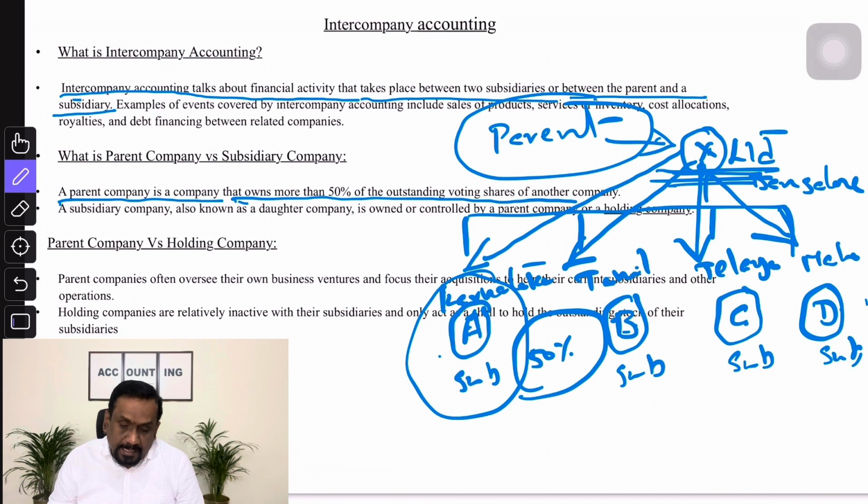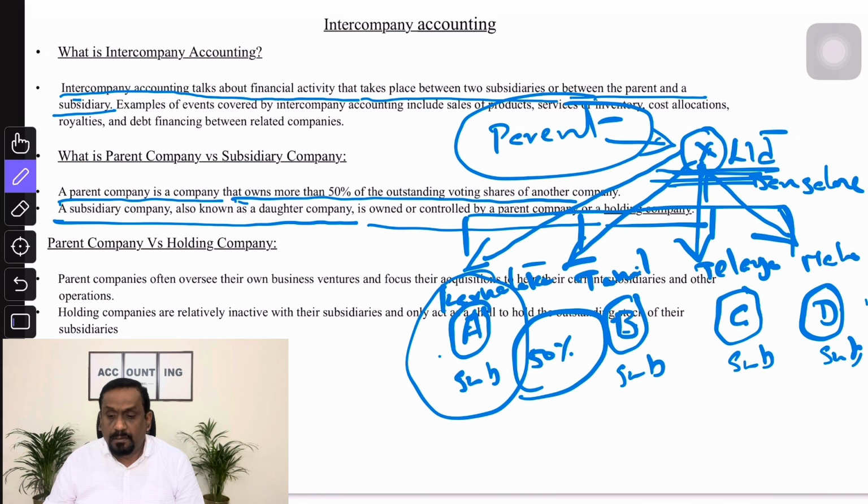Clear? Then, what do you mean by subsidiary company? A subsidiary company, also known as daughter company, is controlled by a parent company or a holding company. These subsidiary companies are held by a parent company.